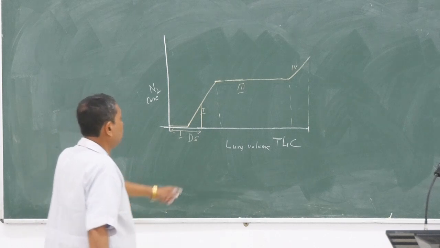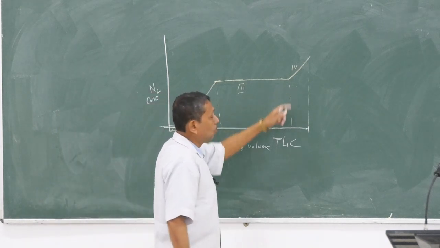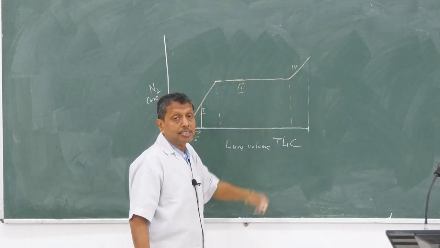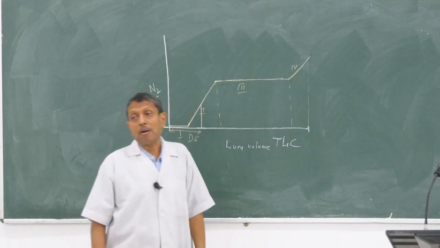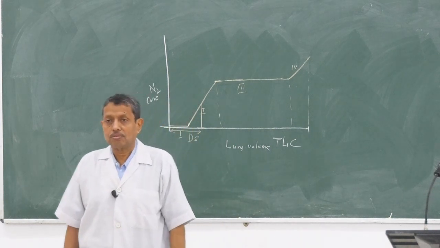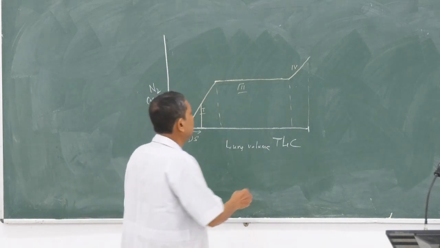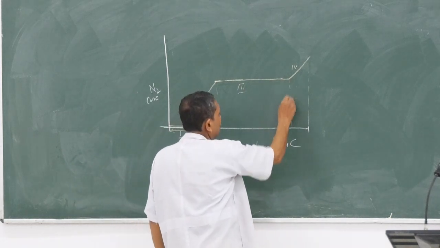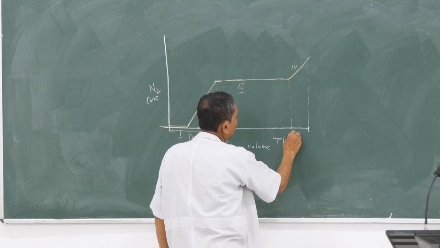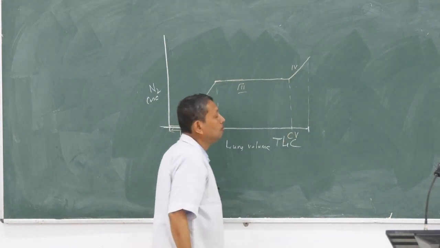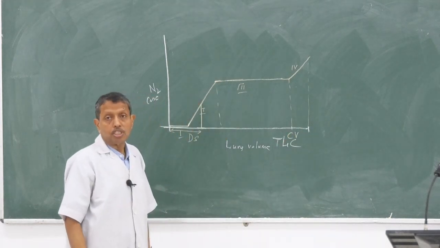And up to this, it is almost horizontal. Then there is an abrupt increase in nitrogen concentration. And this point is called the closing volume. Closing volume.